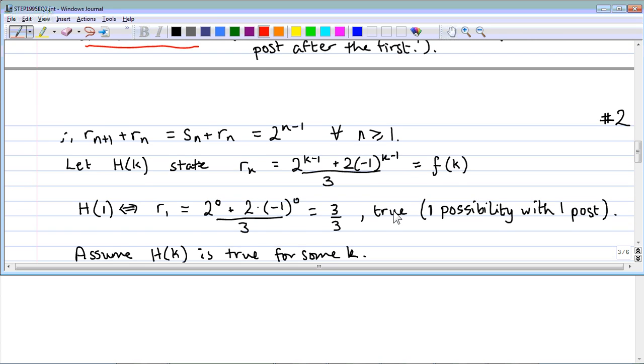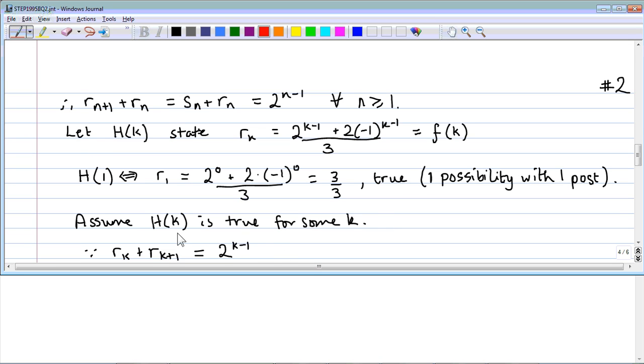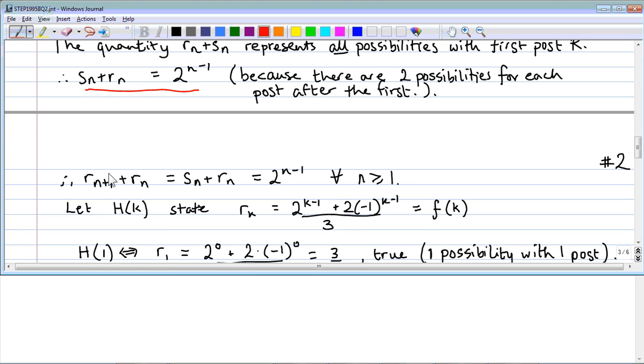Okay, so what remains is to assume that H(k) is true for some particular k, and then deduce that H(k+1) is also true. So if H(k) is true, then we have R(k+1) equals 2 to the k minus 1, that is what we proved up here.